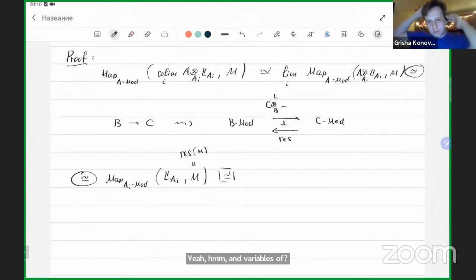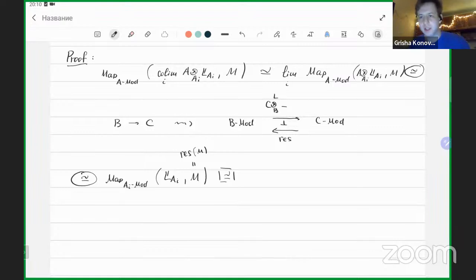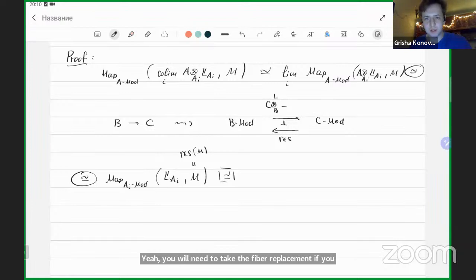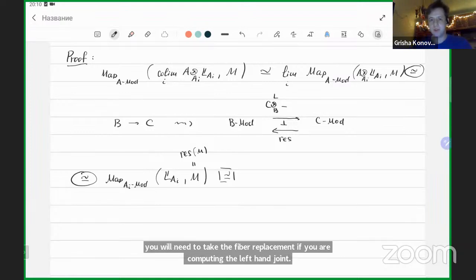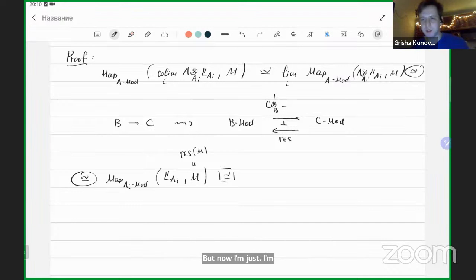Well, when you compute the values of a functor on some particular object, you will need to take the cofibrant replacement if you are computing the left adjoint. But now I'm just computing the mapping spaces between some objects of an infinity category, and so I can keep it implicit, so to say. So there is a way to compute the functor, which I don't care about right now.